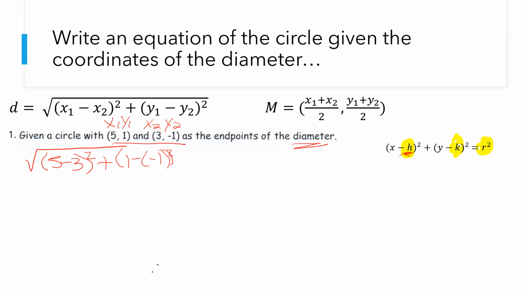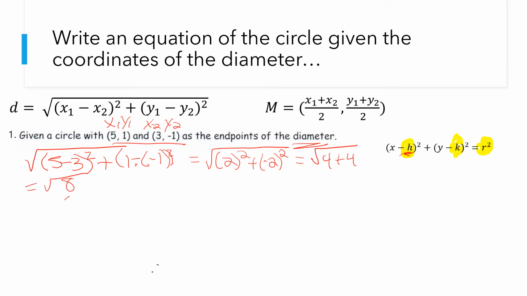Again, note that the negative here is not replaced by that negative. It becomes a double negative. Square root. This is 2 squared. This is negative 2 squared. Negative 2 squared and 2 squared are both 4. So it's going to be the square root of 4 plus 4, which is the square root of 8.